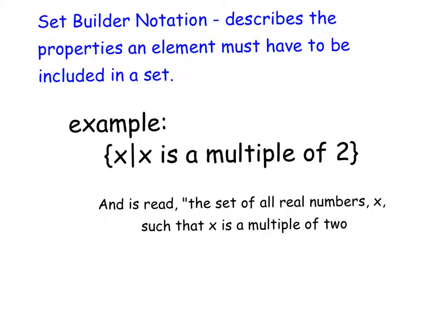So notice the braces still, and this straight up and down line, and it is read the set of all real numbers x, such that x is a multiple of 2. We read this line as "such that."